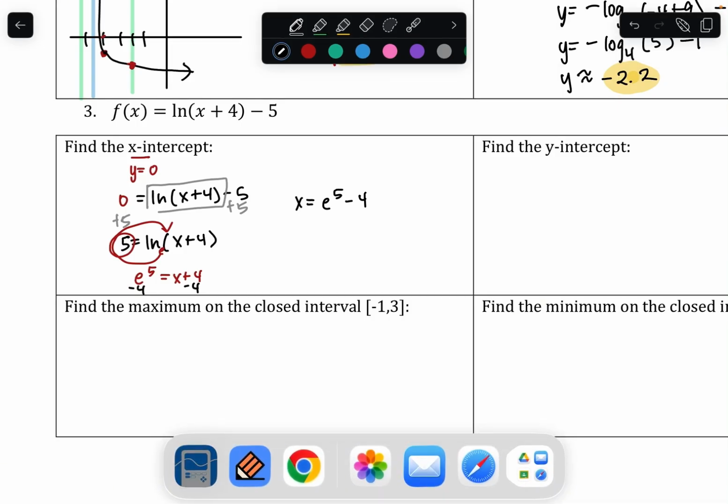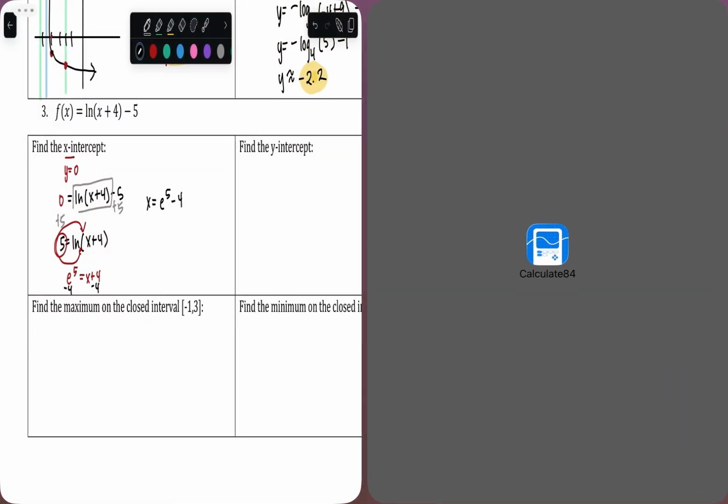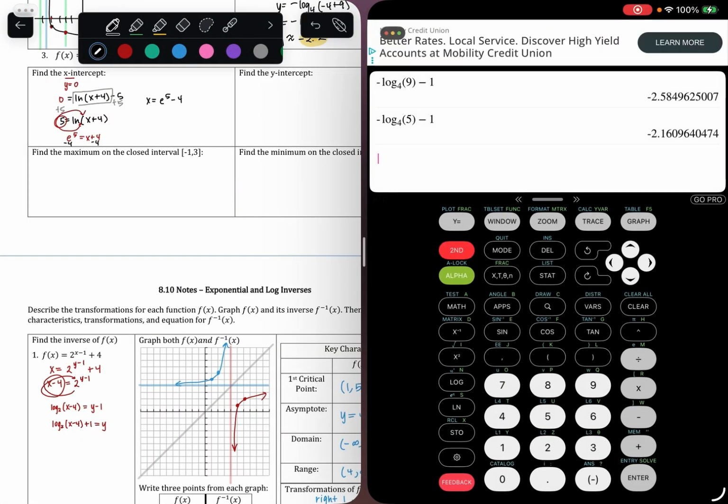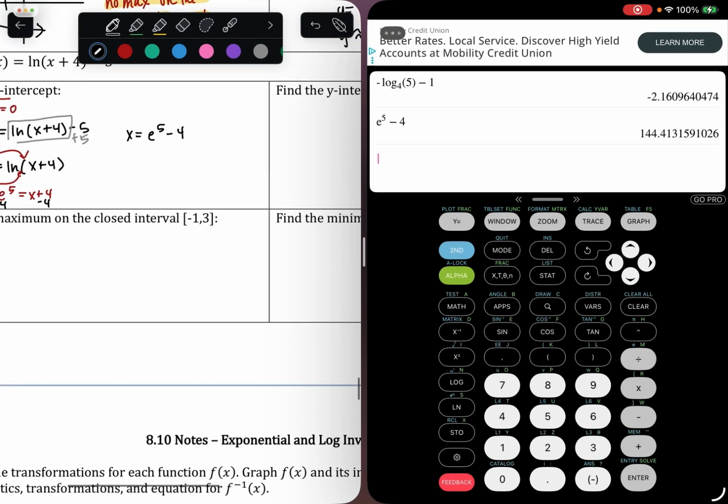And so in our calculator, we would type second ln, and then our exponent is 5. Get out of the exponent, minus 4. And so our x-intercept is approximately 144.4.